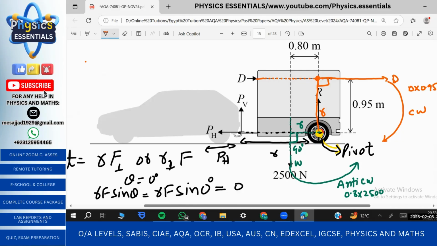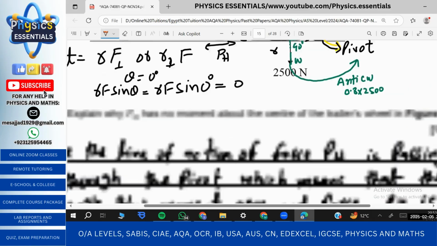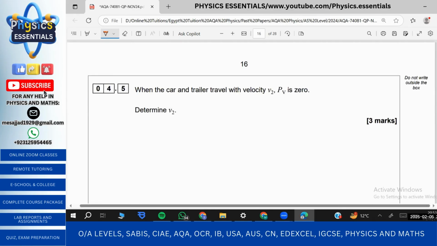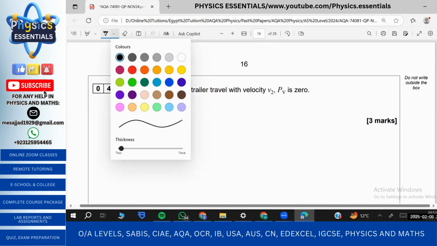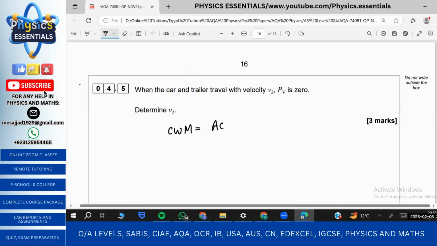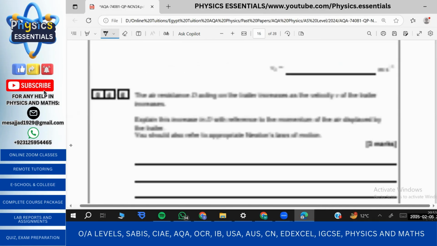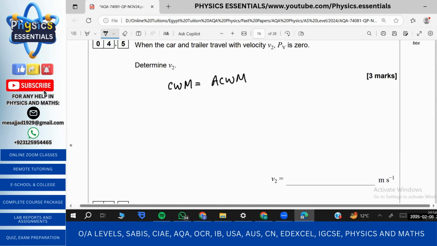Now what we need to do, we will just write clockwise moment equals anti-clockwise moment, right? Our anti-clockwise moment was 0.8 times 2500, and our clockwise moment was D into 0.95. From here, I'm going to calculate D to be equal to 2105.3, which can be rounded off to 2100 newtons.